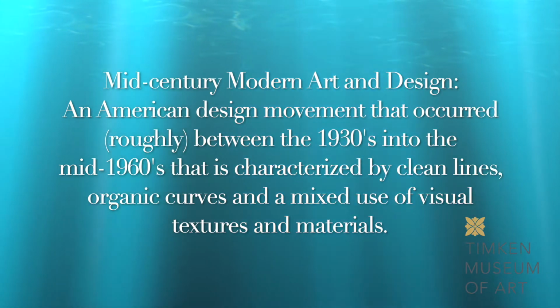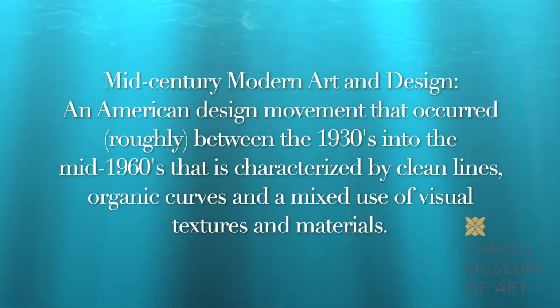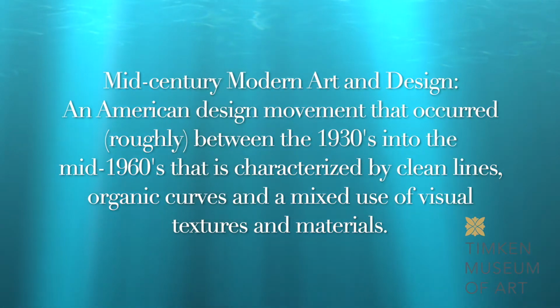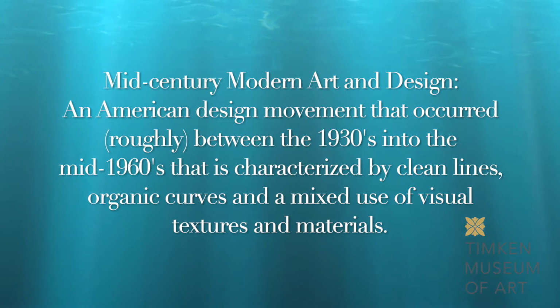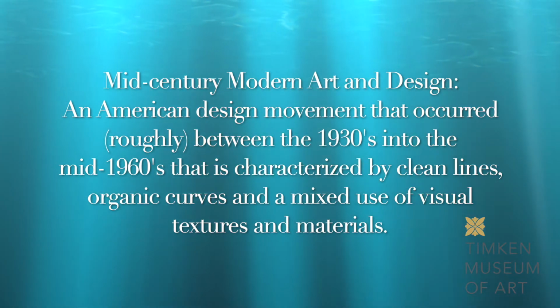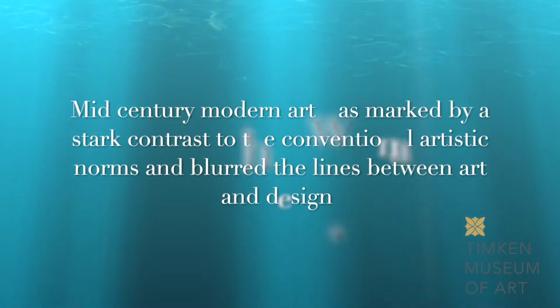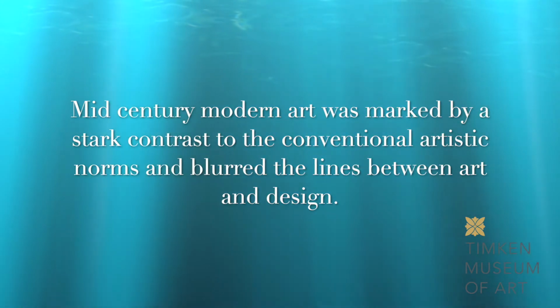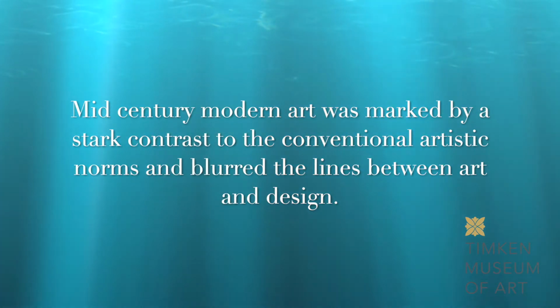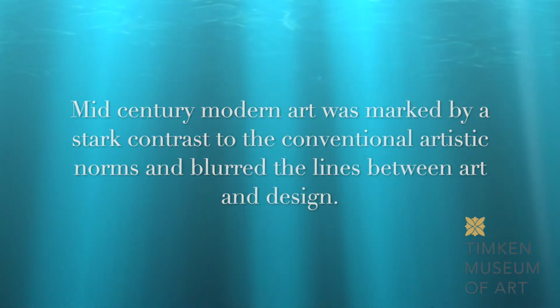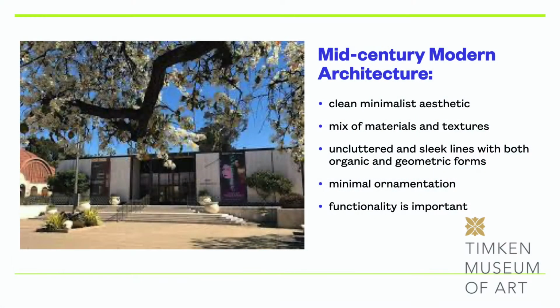For today's project, we're going to be inspired by the mid-century modern art and design movement. It was an American design movement that occurred roughly between the 1930s and into the 1960s. Within the art of this time, you will find clean lines, organic curves, and a mixed use of visual textures and materials. In addition, it was unconventional and blurred the lines between art and design.